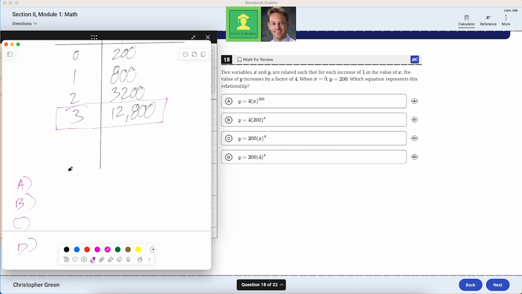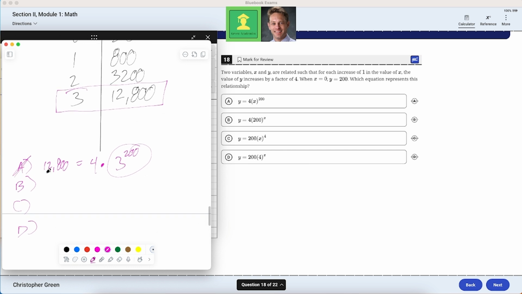So for example, if A was the right answer, do you get 12,800 when you do 4 times 3 to the 200? Well, no, of course not, because this alone is a ridiculously large number. Do you get 12,800 when you do 4 times 200 to the 3?